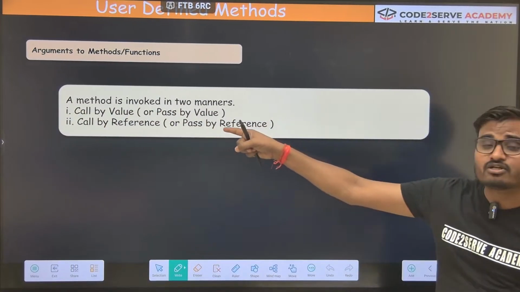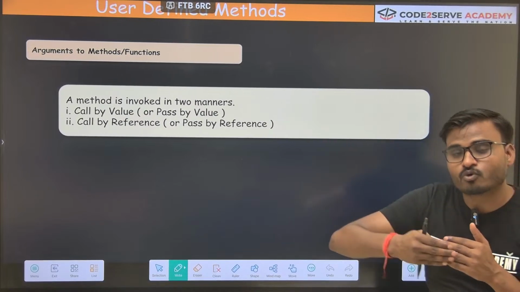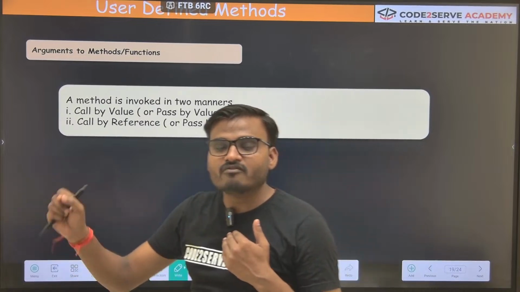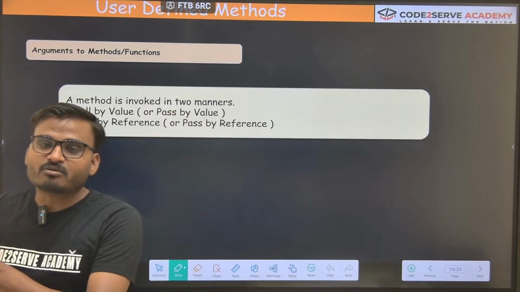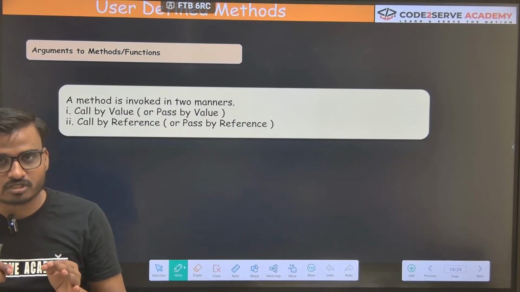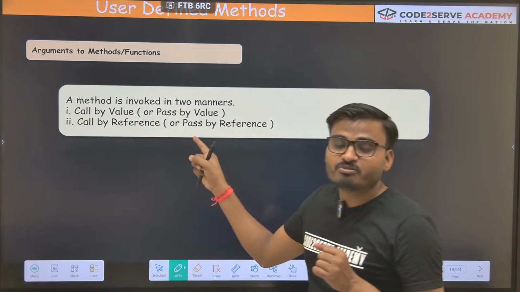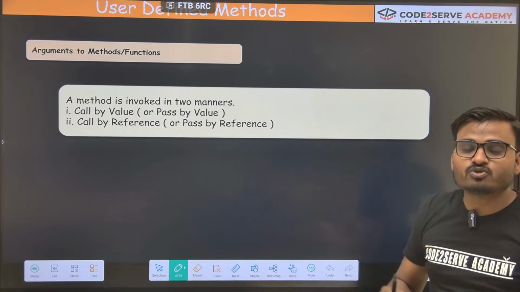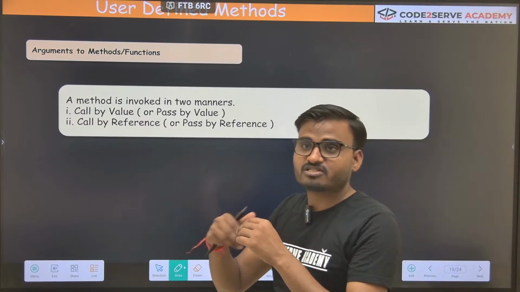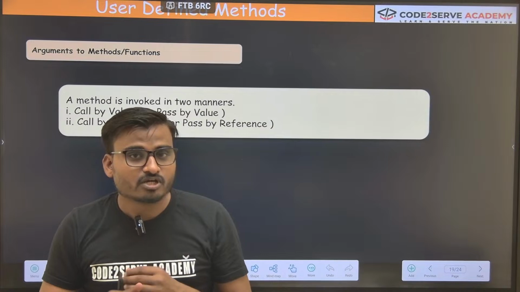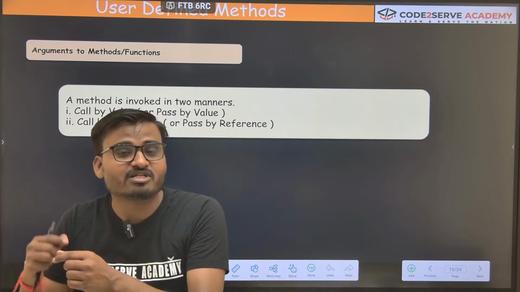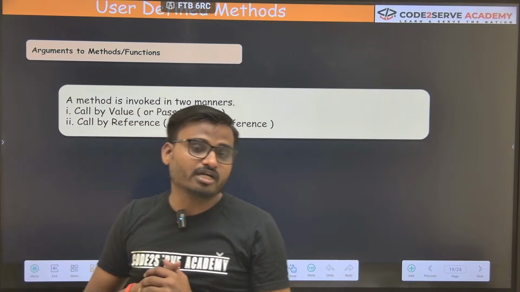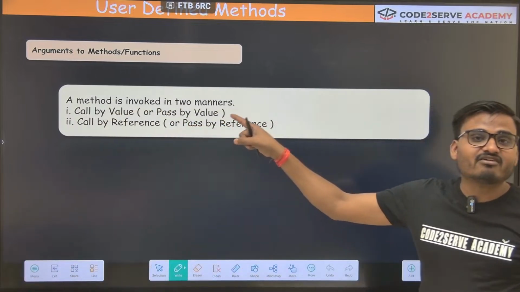That means whatever changes he makes will be in a separate copy. He will not alter your note. That means call by value means you are giving a separate copy to that function. You are not giving the actual data. That means a separate copy is created within that function. Got it? So that is call by value.